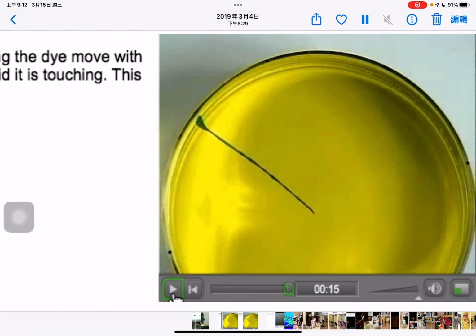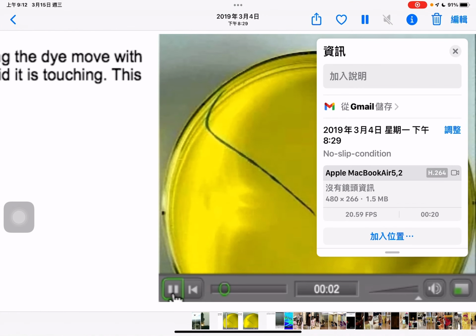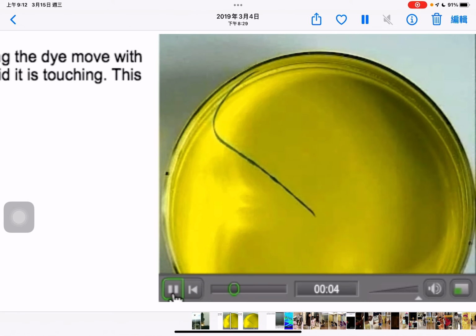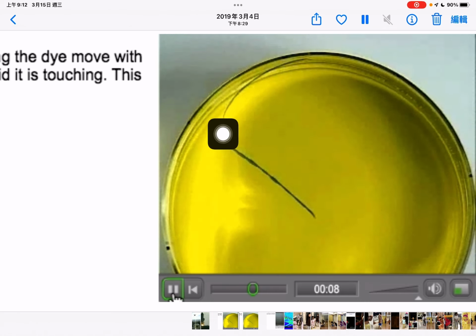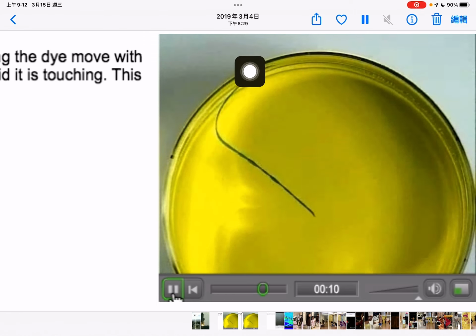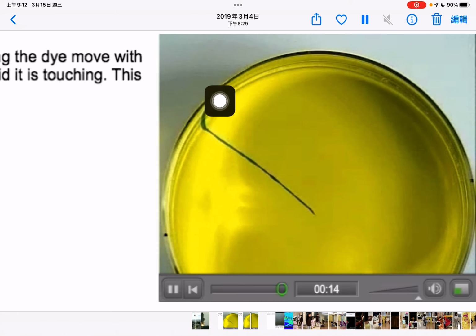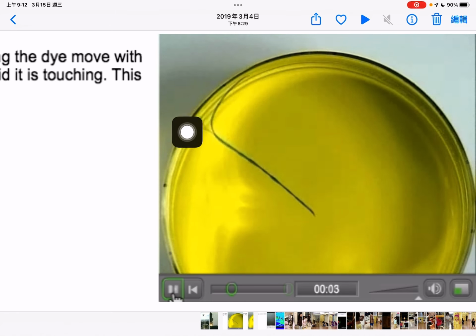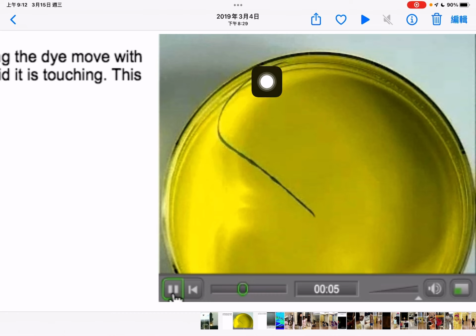You can see this is a circle container, and as you see, we put some fluid inside. At the boundary interface, this is the boundary between the circle container and the fluid. You can see the circle container is rotating, and the fluid at this point also moves together.